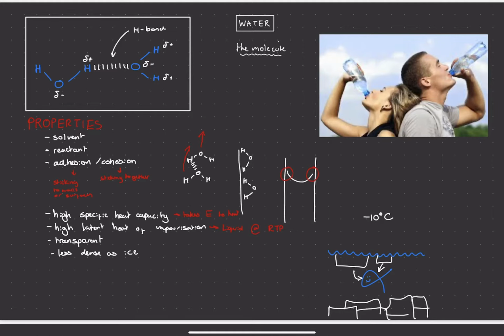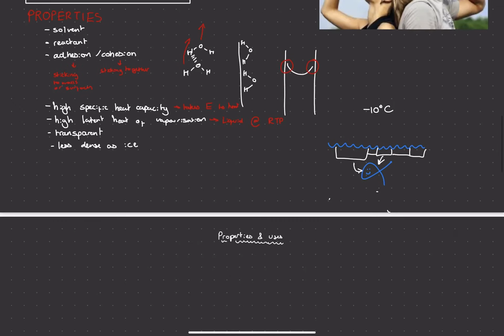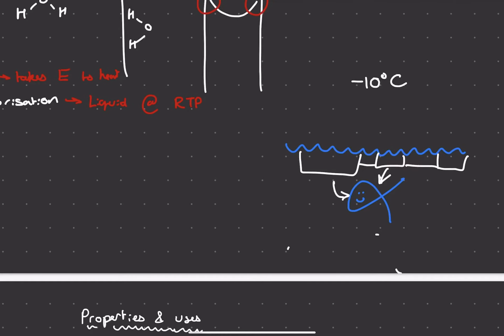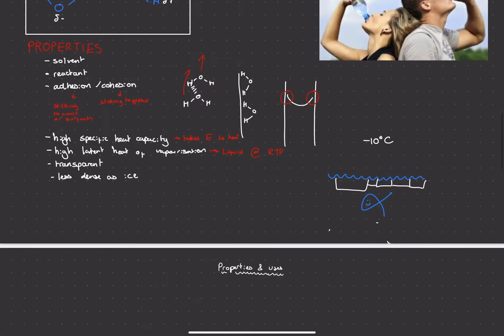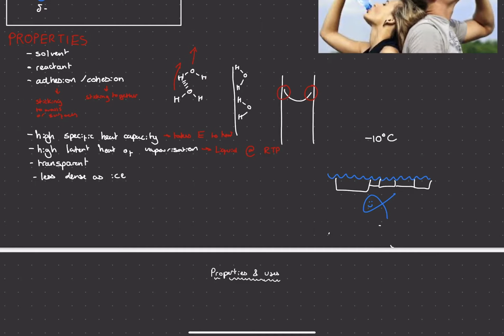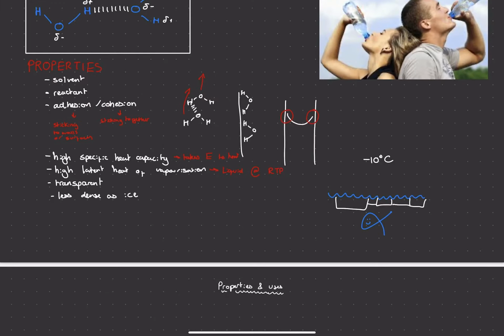But actually what happens is the ice floats at the top. The ice floats like this, and it means that the water underneath stays pretty warm. So if I'm a fish, and it's cold outside, the water can actually stay pretty warm, and that means that I have a really good habitat. And that also links into the fact that the water is transparent, which helps it be a good habitat. It wouldn't be very helpful if I couldn't see anything.